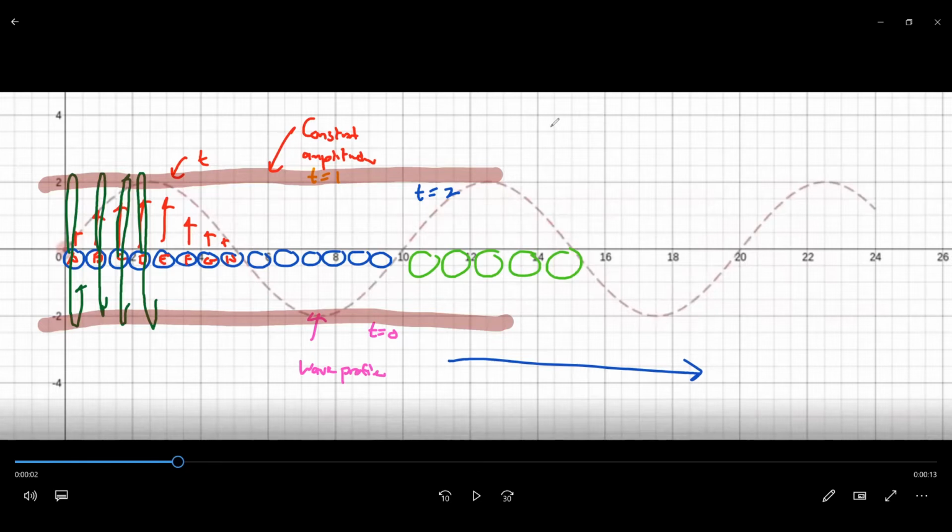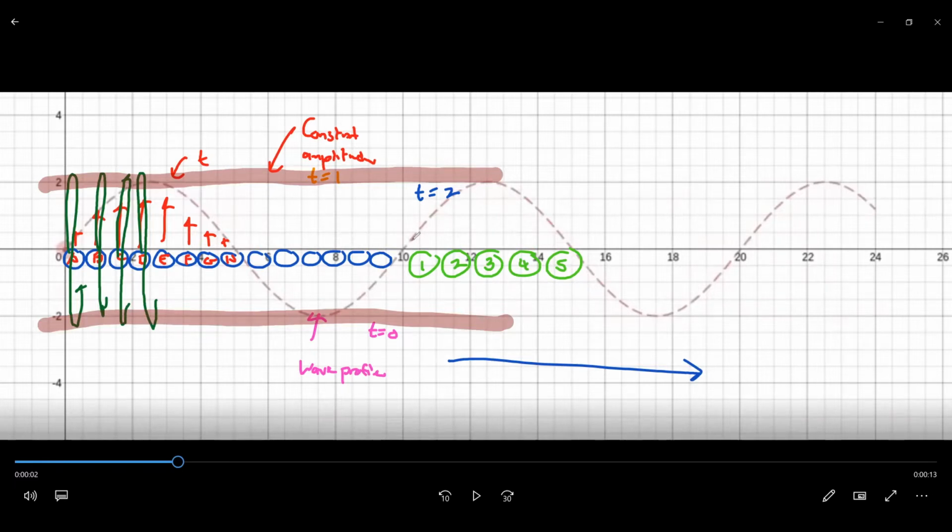Let's name these particles again. I have used alphabets already, so I'll just label them 1, 2, 3, 4, 5.